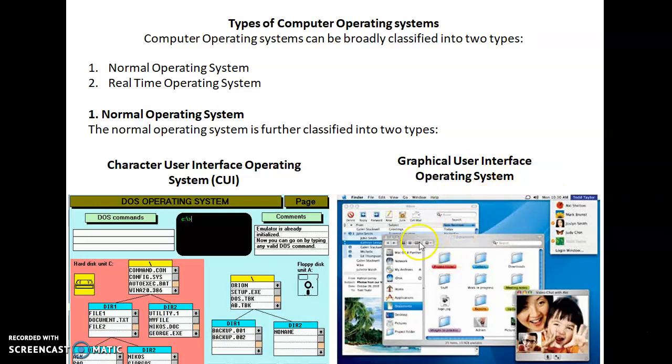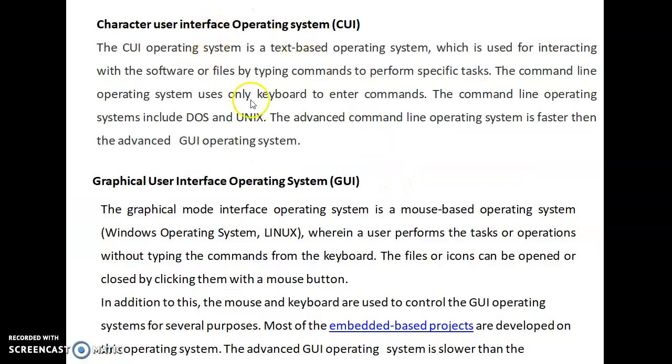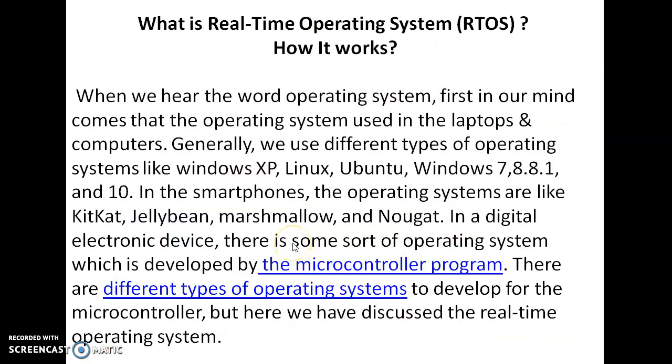This is a very easy user interface which became famous because of its usability and simplicity, as it uses graphical representation, whereas CUI is very difficult, and most programmers and developers normally use these types of operating system. As already explained, CUI types of operating system are DOS, Unix, right? Those are based on the character user interface. Graphical ones, we know Linux graphical, Windows. Then we have iOS type of operating system.